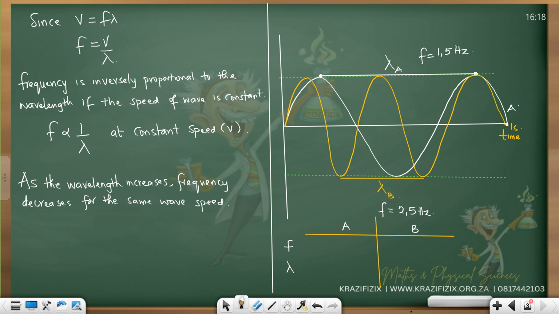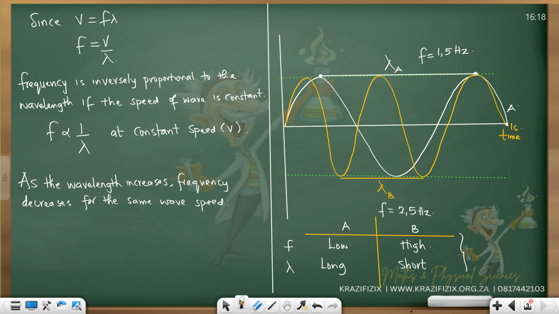You would notice that the frequency of A is lower than the frequency of B. So I'm going to say low frequency, high frequency, looking at the values. But look at the wavelength. Can you see that A is longer? Long wavelength and short here.